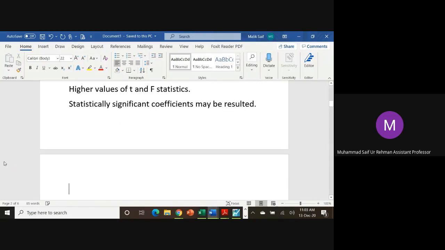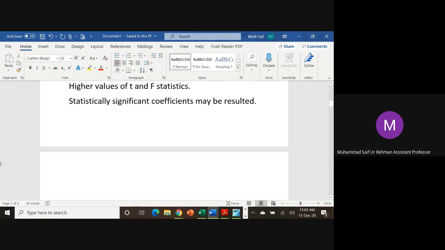And by this, you can also say that rejection of the null hypothesis is in fact too often. Mostly it occurs that you reject the null hypothesis.